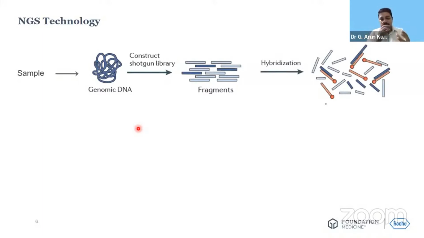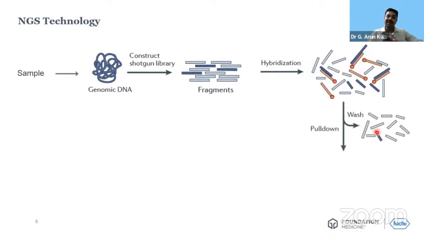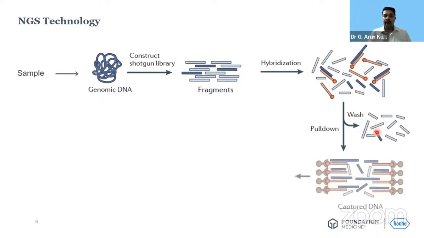So these probes are sequences of the genes of interest. So we have, say, 22,000 genes, and I'm interested in sequencing only 100 or 200 genes. So these probes are against those 100 or 200 genes, and you capture those genes and wash away the remaining part of the genome. And you end up sequencing these regions of interest using a sequencing chemistry.